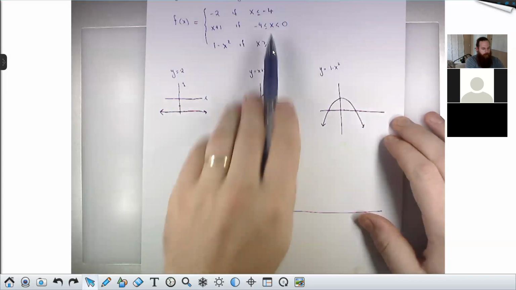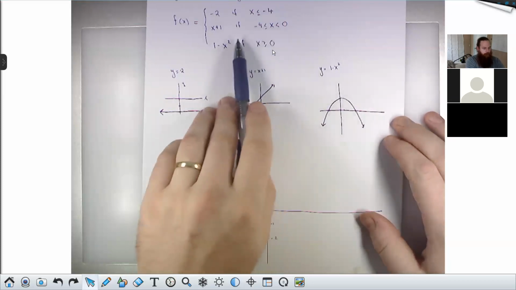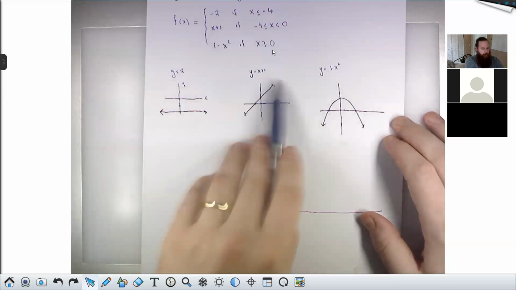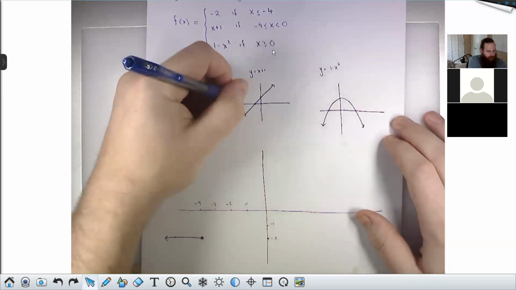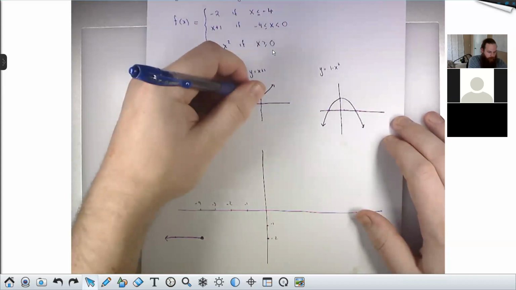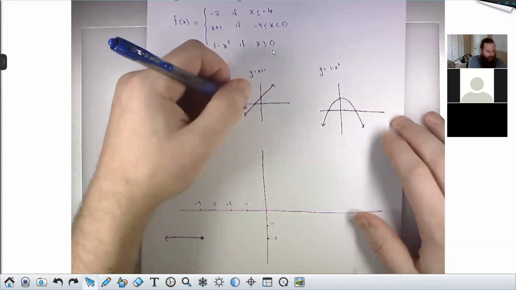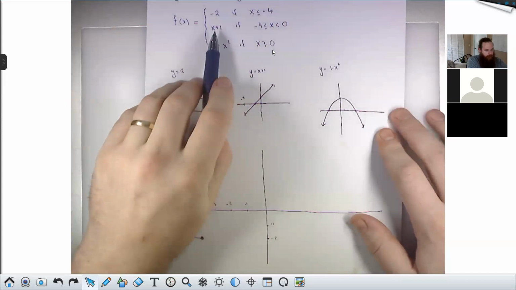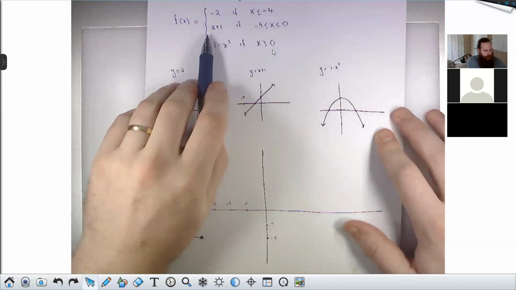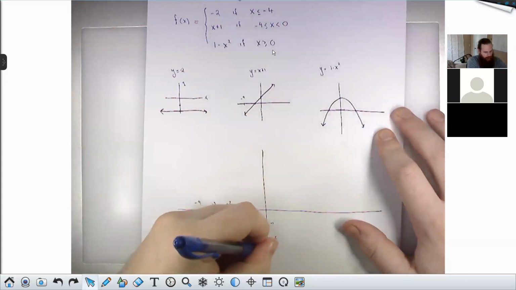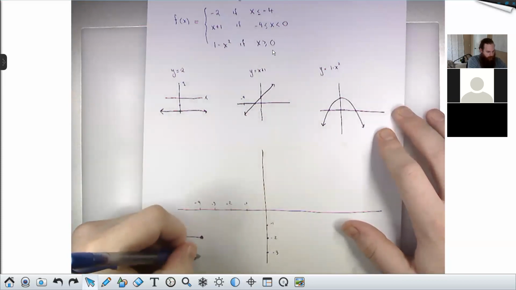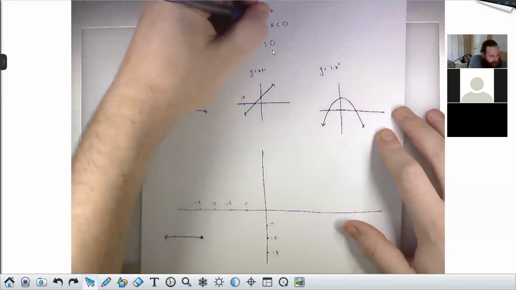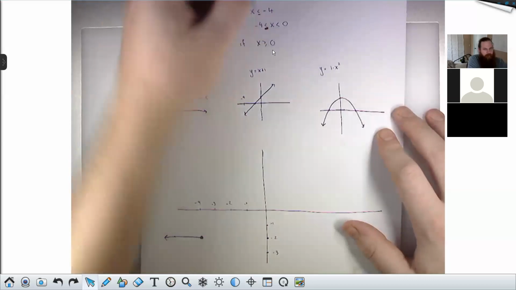Now between -4 and 0, f of x looks like x plus 1. That's like this. So I would take the part of this graph that is between -4 and 0, and I'll hold on to that. Well, when x is -4, this would be -4 plus 1, which is -3. So we'll start down here. Oh, I'm sorry, this should be a strictly less than, not less than or equal to.